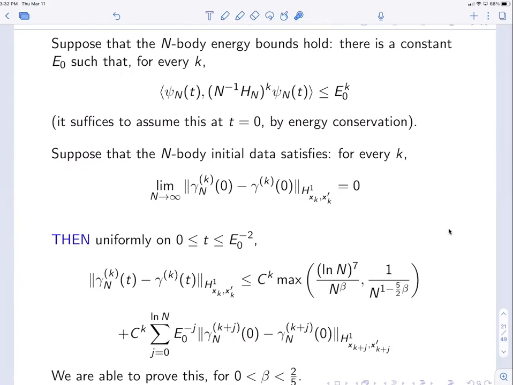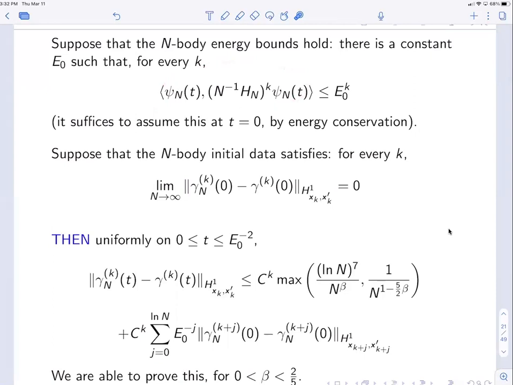When k is larger, the dominant terms in this expression will involve Laplacians landing on different components. And actually from that, you can extract a positive lower bound as shown in earlier papers by Erdos, Schlein, and Yau. But we are just going to assume, as part of the assumptions to the result, that this kth order energy is bounded by E0 to the k. And then it suffices to assume that when t is equal to 0, because the time evolution of this is constant.